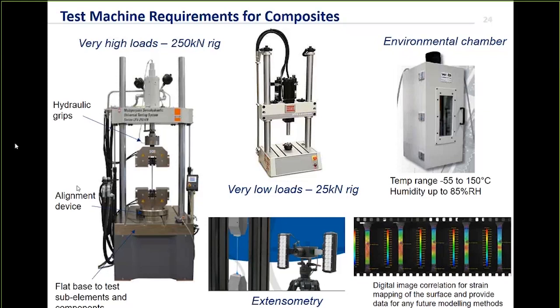However, when you then start to try and test laminates, so by the time you've put together a representative layup and made the coupon big enough to be truly representative of the material, you end up with a coupon that's really quite large, and you suddenly find that you might need a 250 kilonewton machine or more to break it.